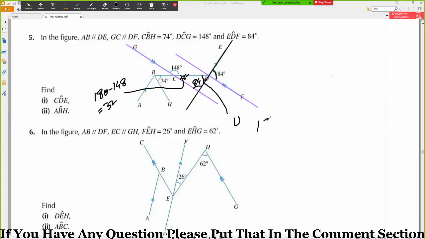This unknown side will be equal to 64. Okay, so this will be equal to 64.